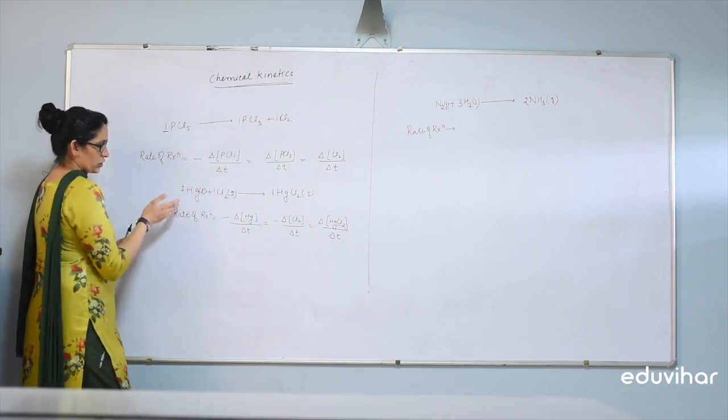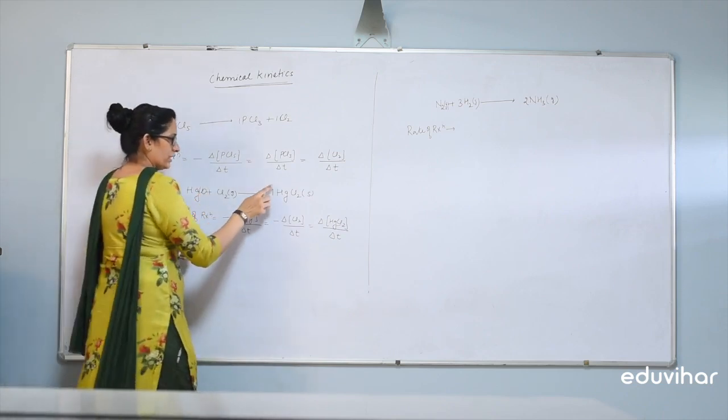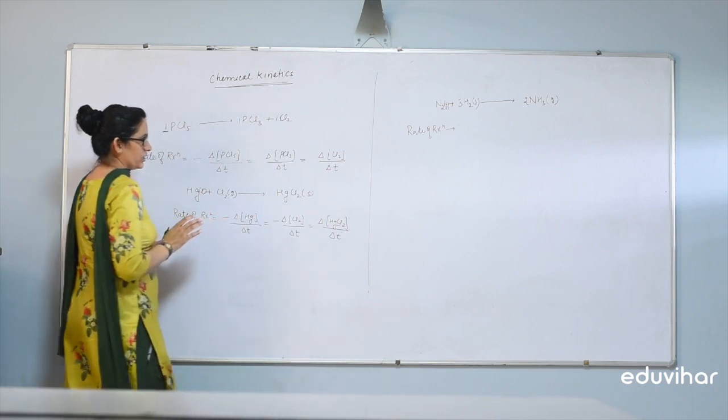Same happens with this reaction. When 1 mole of Hg reacts with 1 mole of chlorine, then 1 mole of HgCl2 is formed.